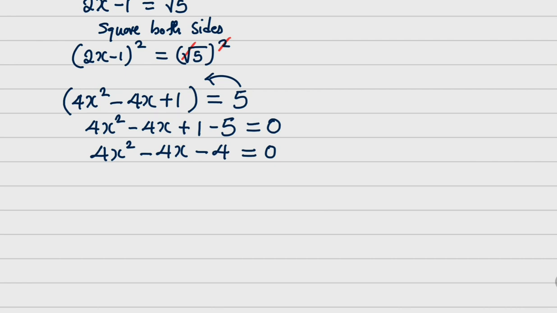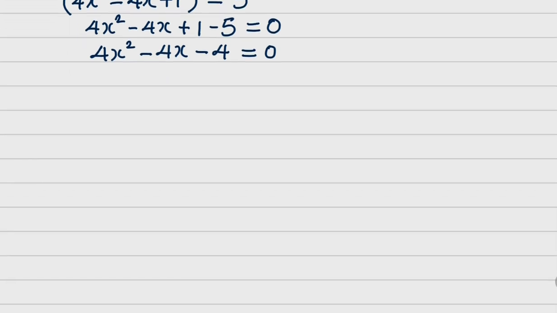Now you see all of them have the same coefficient, or they have a factor of 4. I can factorize 4 outside, or just divide through by 4. Simply just do that, okay? Divide through by 4. You are going to be left with x squared minus x minus 1 is equal to 0. Okay. Now, the trick here is don't solve it quadratically.